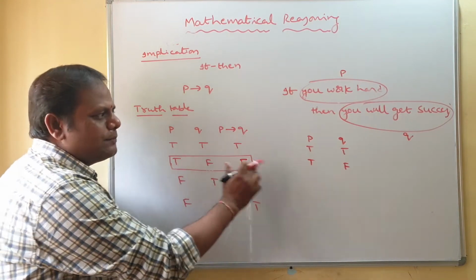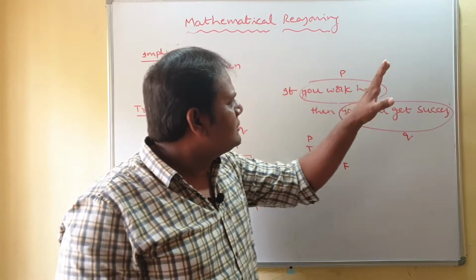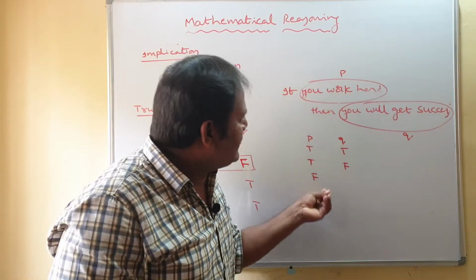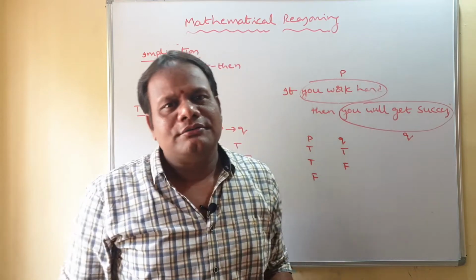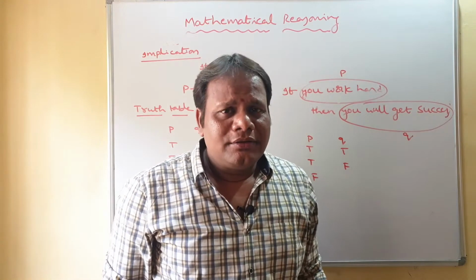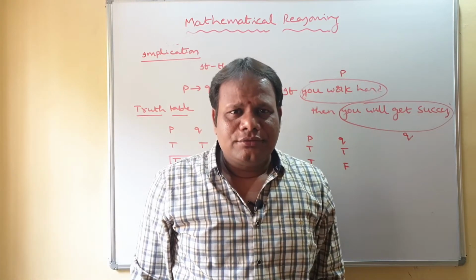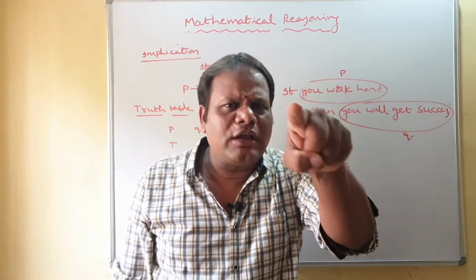So TF is what? F. Okay. Suppose P is false, means he doesn't do any work. Then what will happen? Actually here they are not discussing that. Don't confuse. What they have given is what should happen if you work hard.